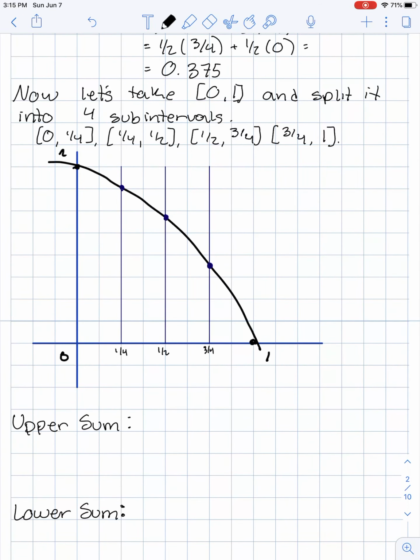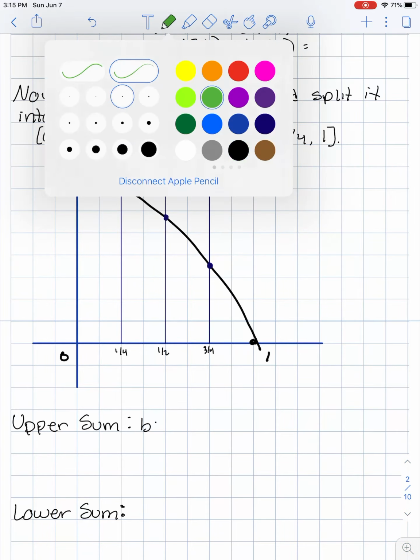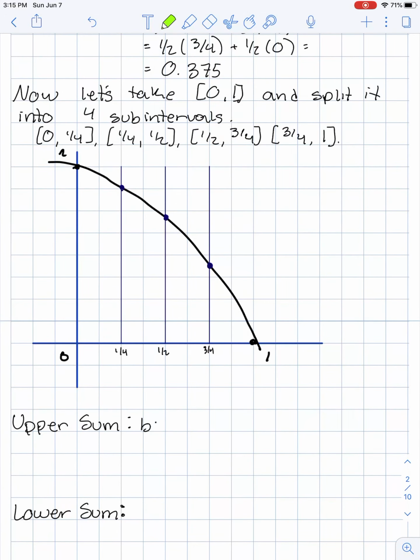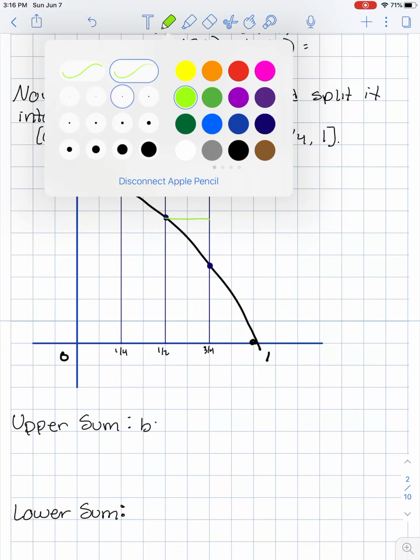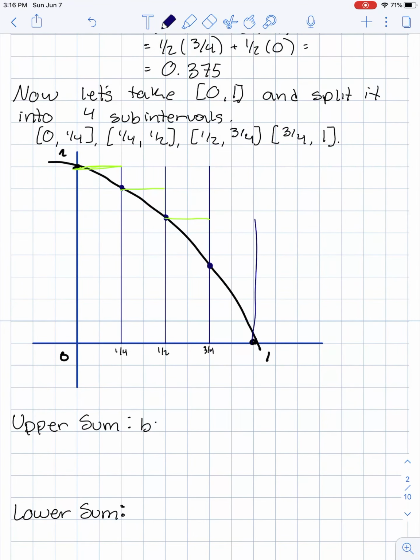So we're going to do b times, let's draw, I think I'll use this lime green. So my upper sum, I have to draw these little lines. I forgot. This line.